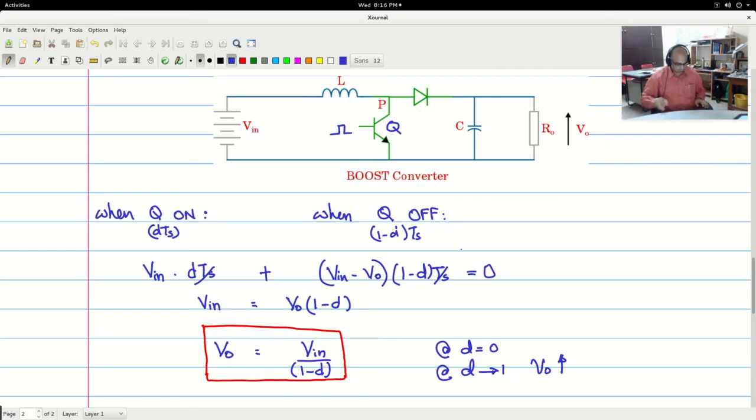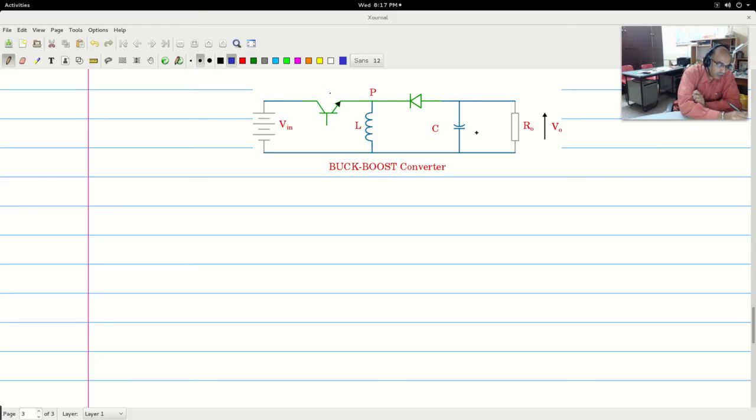Now let us look at the input-output relationship for a buck boost converter. So the buck boost converter, again we call this Q, and we apply the base drive here. So when the Q is on, this is called the dTs period, and when Q is off, it is called the (1 minus d)Ts period.